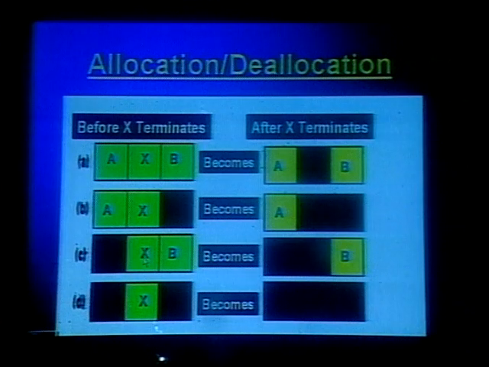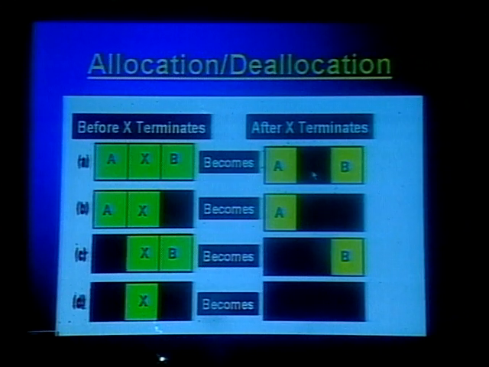In another instance, the left side is empty and the right side is occupied by another job B. In yet another instance, job X has an empty slot on its left as well as on its right. Now, once X completes, how it becomes a part of the remaining memory is shown here.